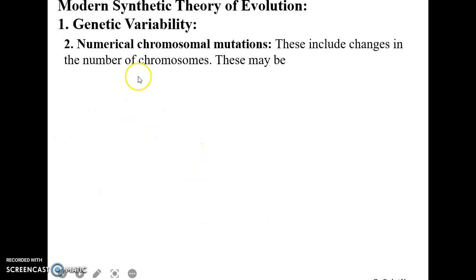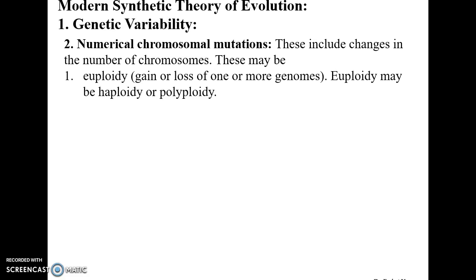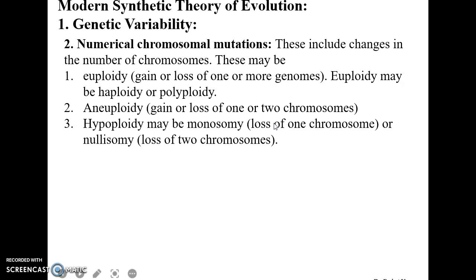The next type of genetic variability is the numerical chromosomal mutation, which includes change in the number of chromosomes. These may be euploidy, gain or loss of one or more genomes. Euploidy may be haploidy or polyploidy on the basis of loss or gain of one or more genomes.